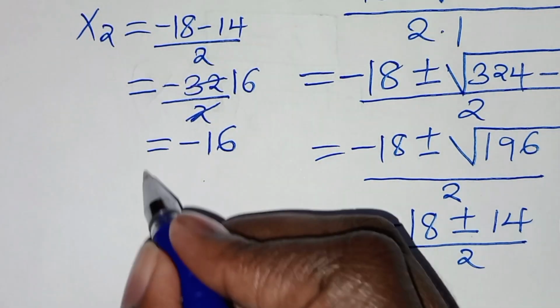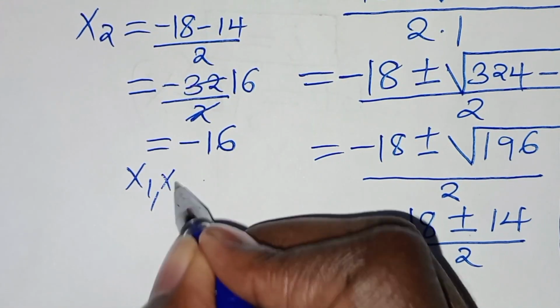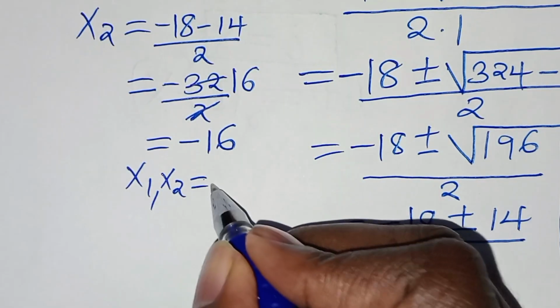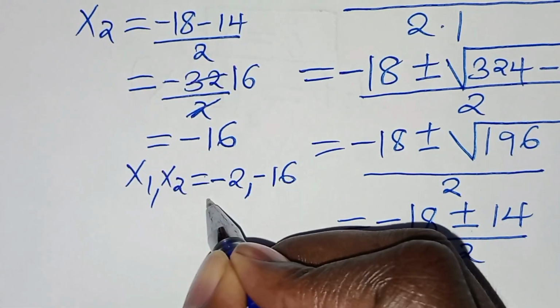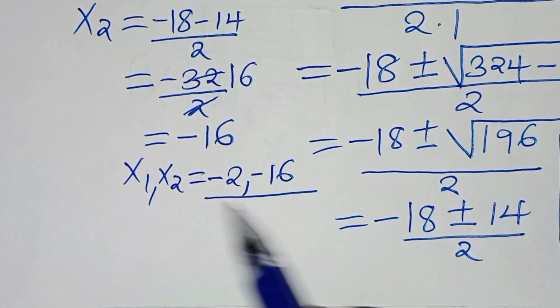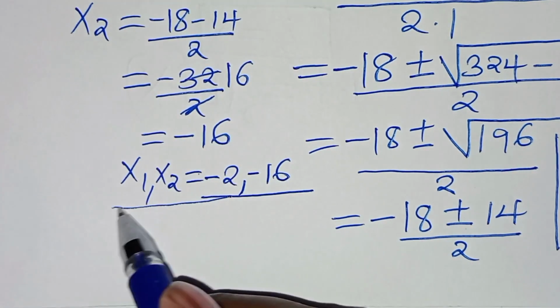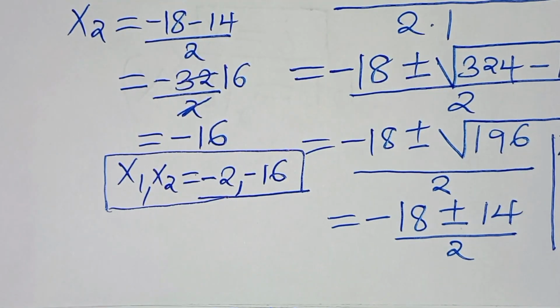So we have that x1, x2 is equal to -2, -16. This is the set of solutions by applying method 1. So let's proceed to method 2 from here.